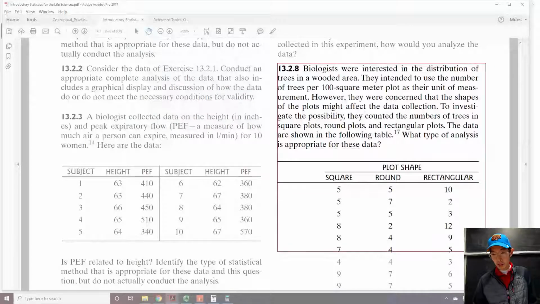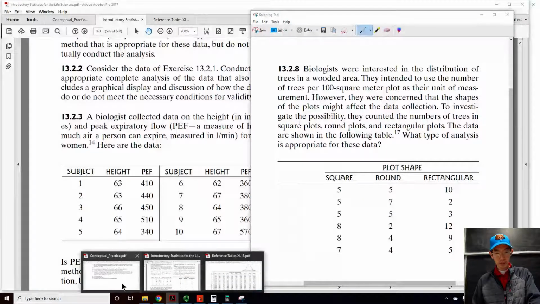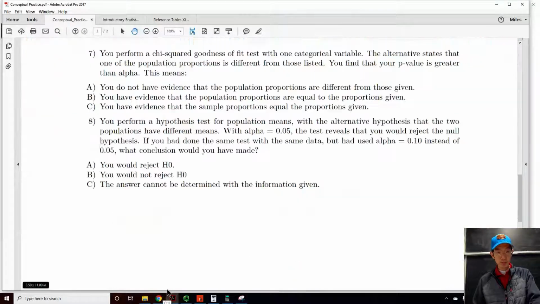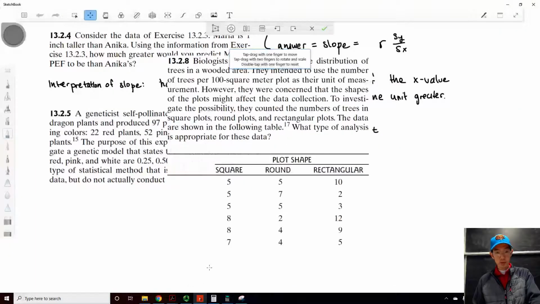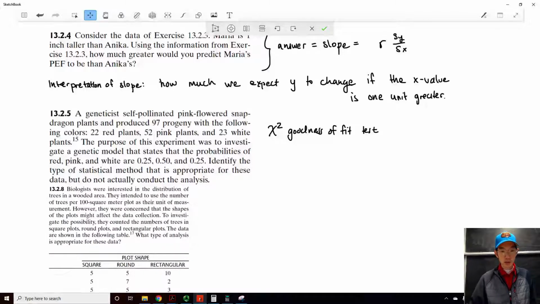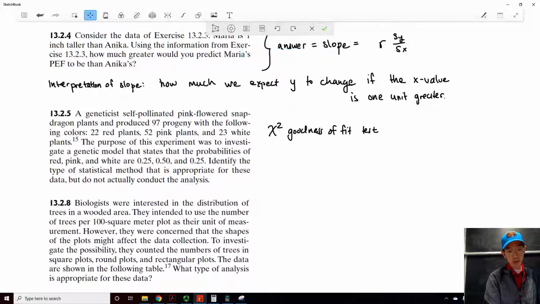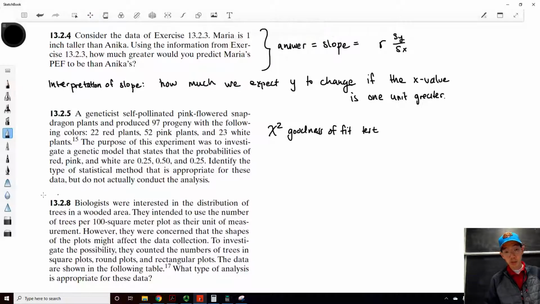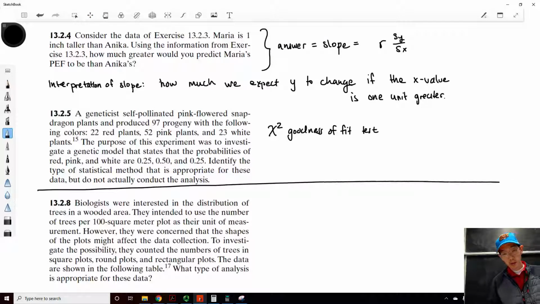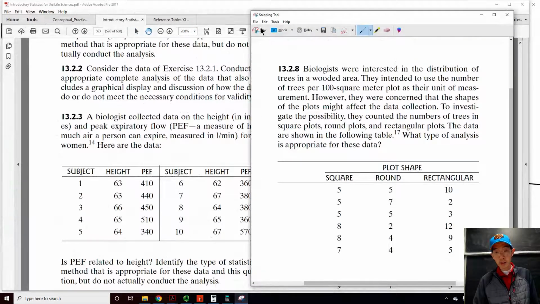So 13.28. How do I do this? The data look like this.